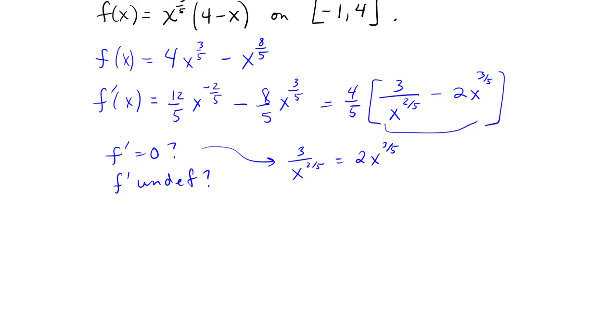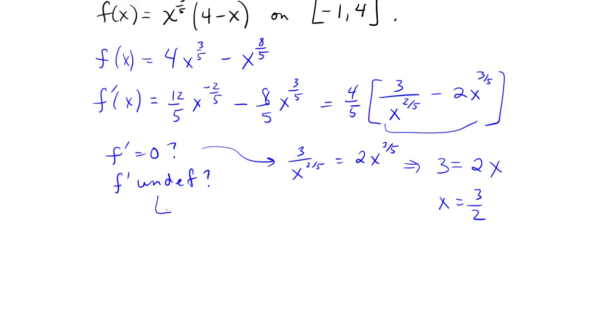If I cross multiply there, I would get 3 equals 2x, since if I multiply x to the 2/5 and x to the 3/5, I get x to the 5/5 or 1. And so I actually get x equals 3/2. All right, so that's our critical point.